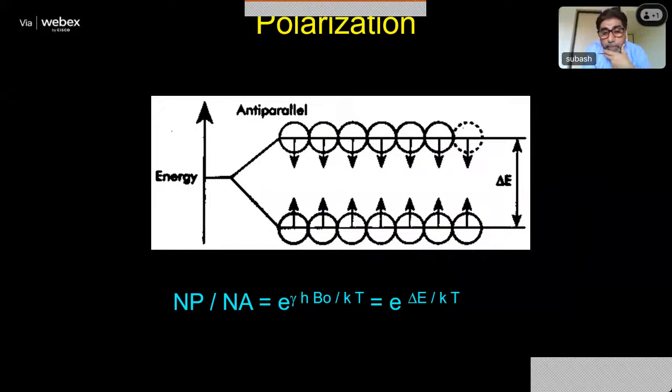But looking at Avogadro's number of water molecules in 1 gram of water, 10 to the power 23 molecules, there are still a sufficient number of nuclei which can be used to perform the NMR experiment. The number of nuclei which are parallel and anti-parallel is given by this Boltzmann distribution equation, which is shown here.